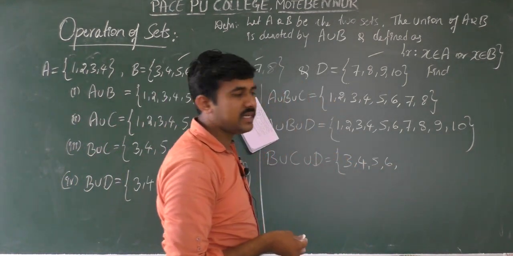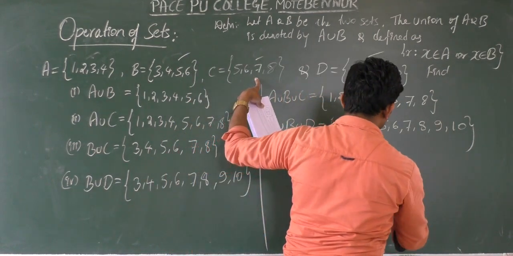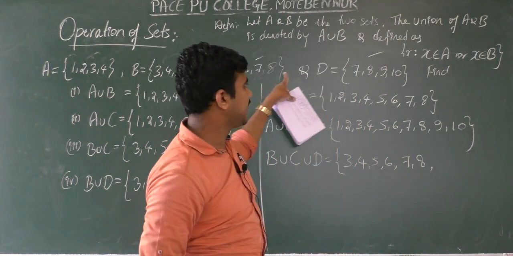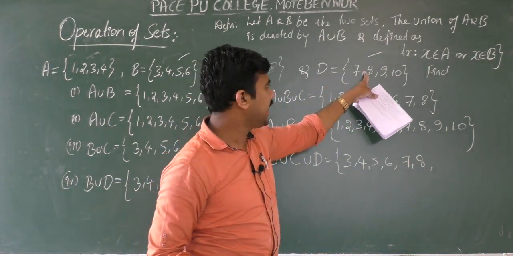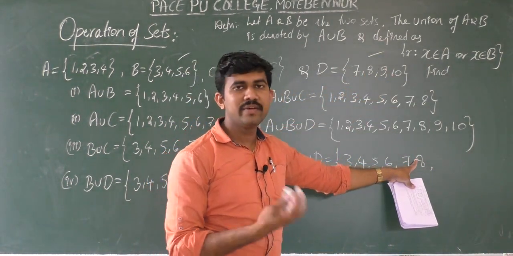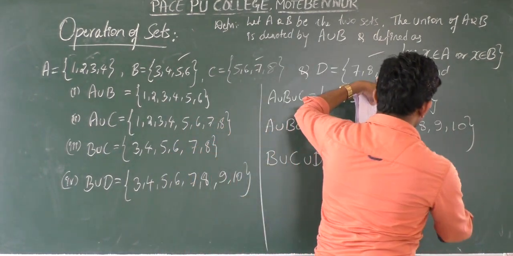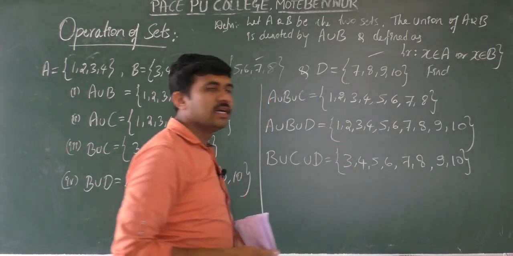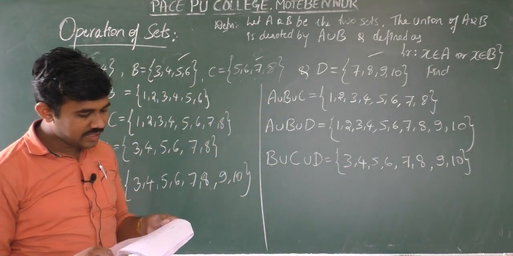The elements of C, 5, 6, already we have, don't write again. 7, 8. Next 7, 8, 9, 10: 7 and 8 already written, so don't write again. Next element is 9, next element is 10. And this is nothing but B union C union D.